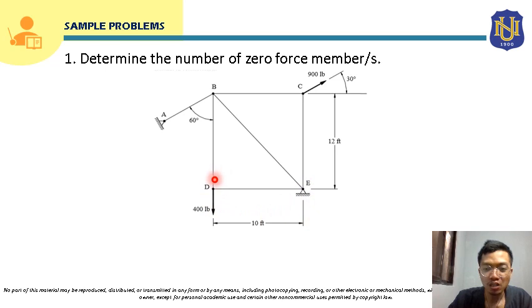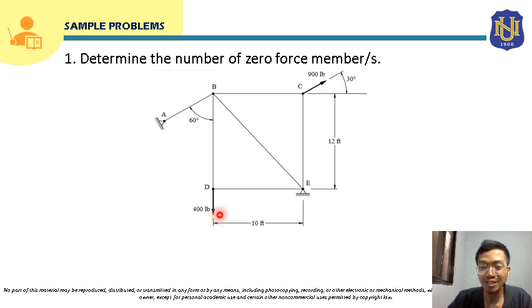Now for joint D, there are two members here, member BD and member DE. So we cannot apply case 1 here, but we can apply case 1.1. Since there is an external load here, for case 1.1 the external load should be collinear to one of the members.